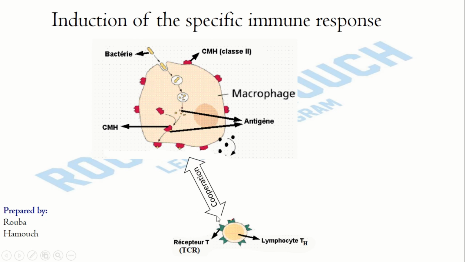There is a certain cooperation between the macrophage and the T helper. In other words, there is a cooperation and interaction between the non-specific immune response, which is the phagocytosis, and the specific immune response. This cooperation will be detailed in the next video.